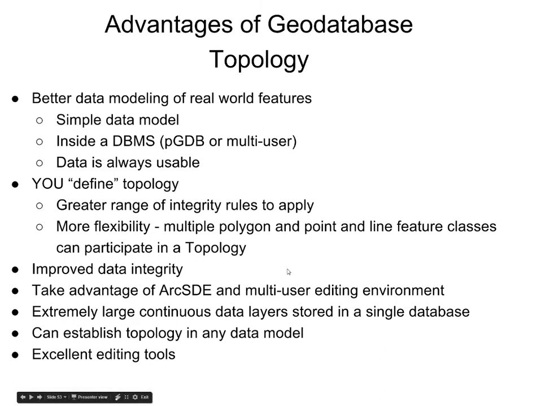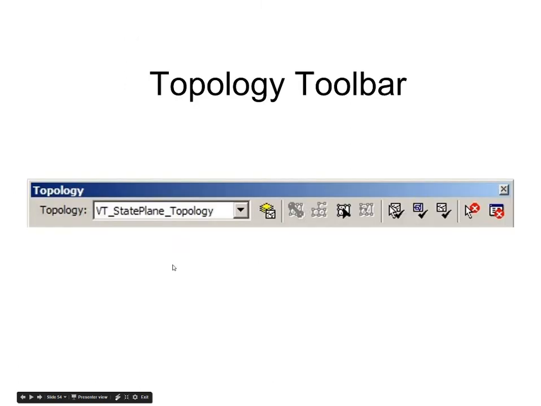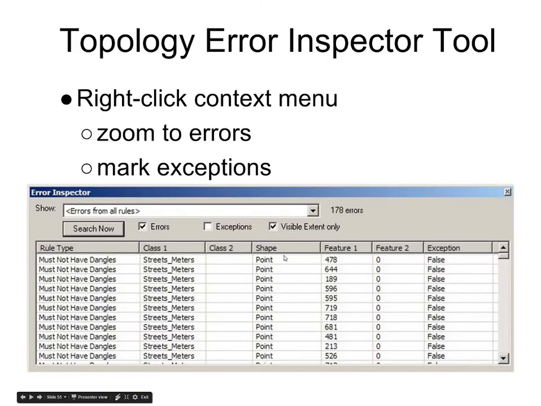There's a greater range of integrity rules to apply, more flexibility, improved data integrity. It can be integrated with the multi-user environment, and supports really large continuous data sets. There's a bunch of editing tools that go along with it. And that is your topology toolbar. This is your error inspector. You can right-click to zoom to errors, mark exceptions, and even apply fixes to some of them.